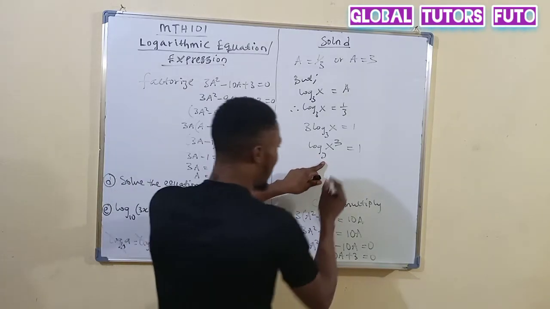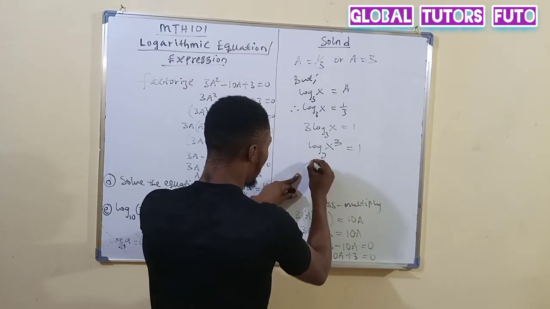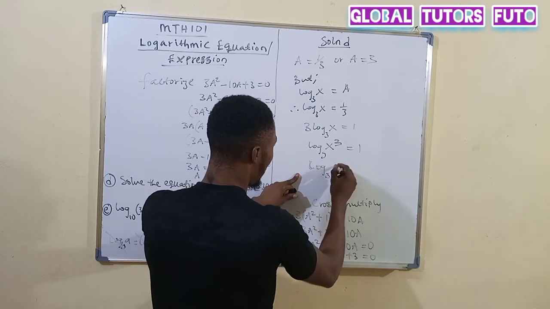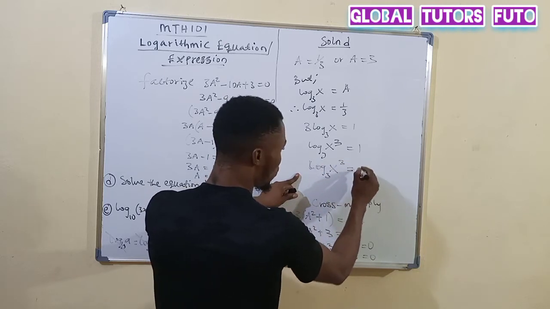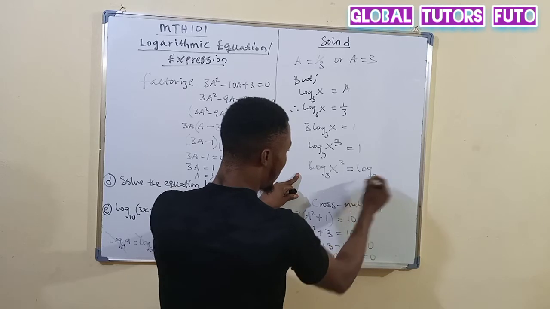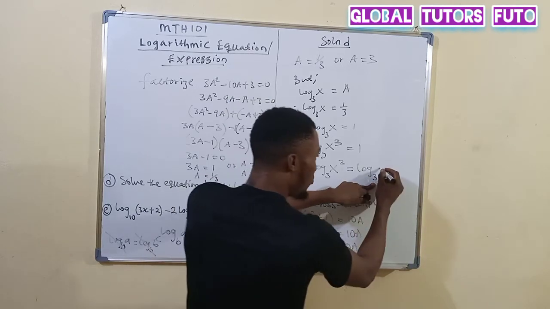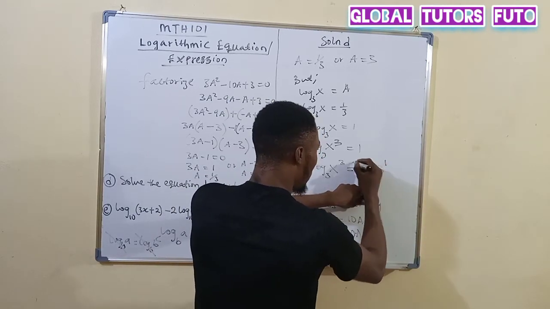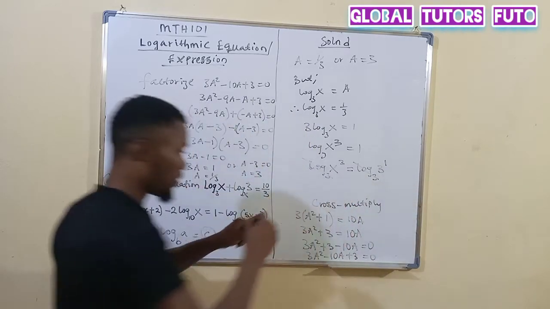So this is log base 3 of x cubed equal to log base 3, then this base here will be 3 raised to power 1, such that this will cancel this.